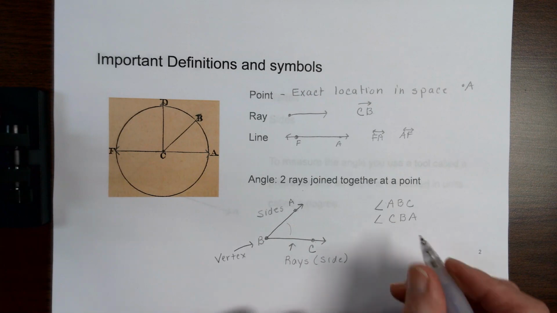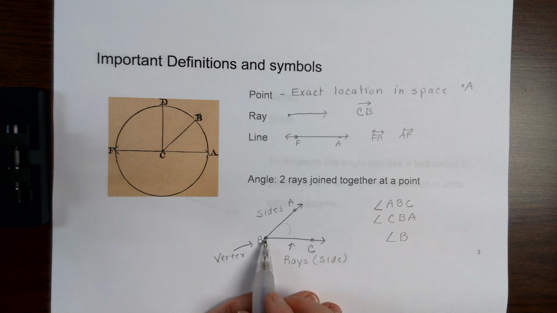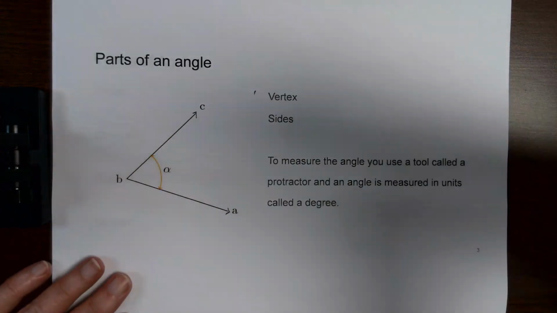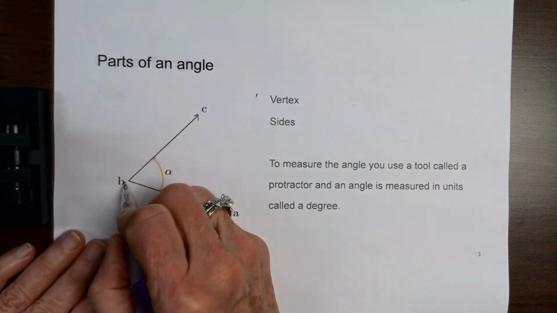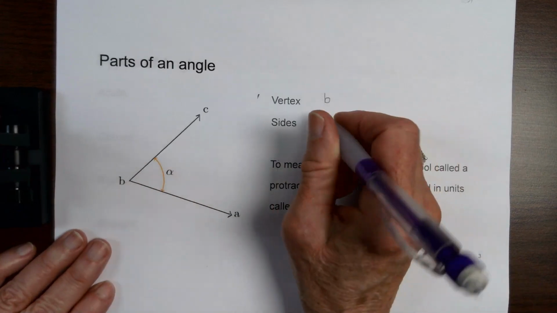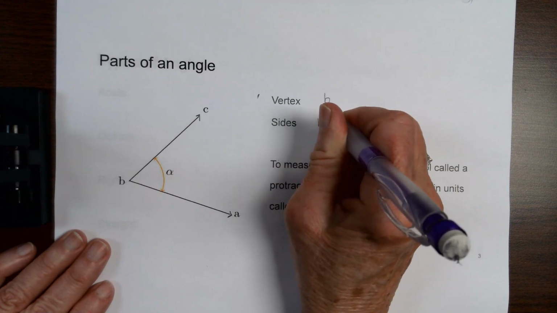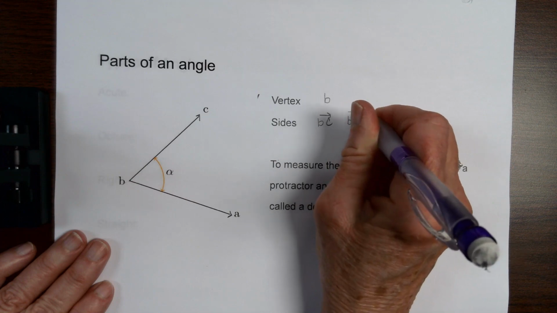However, you can also name this angle B. You can name it just simply by its vertex. Okay, so let's practice on this. My vertex is B. My sides would be ray BC and ray BA.